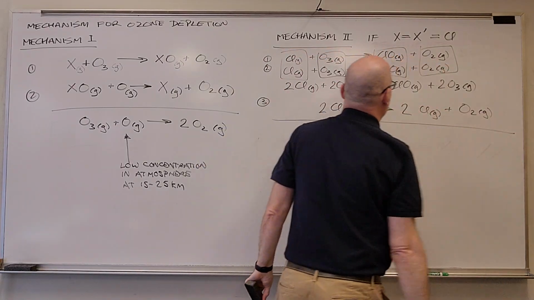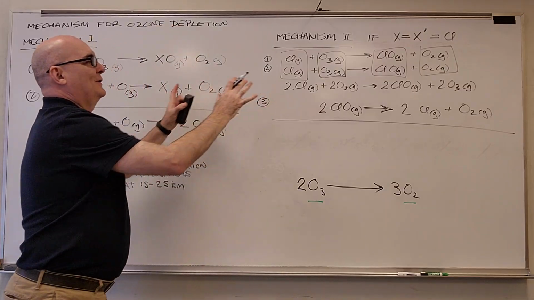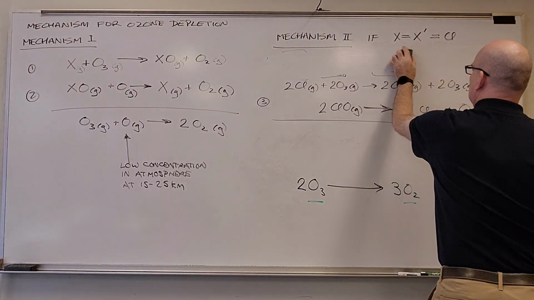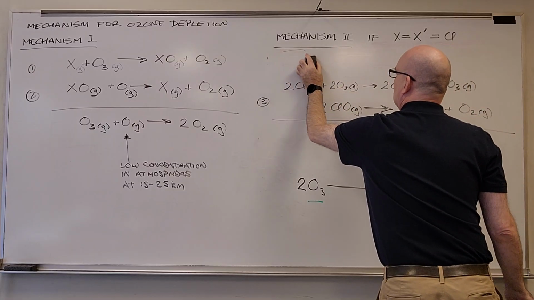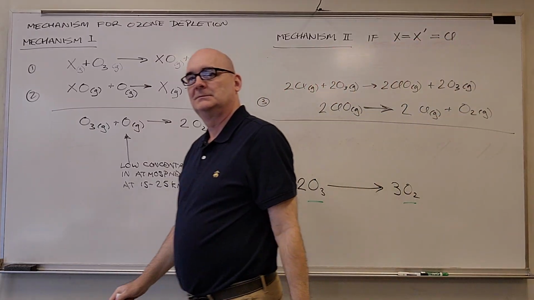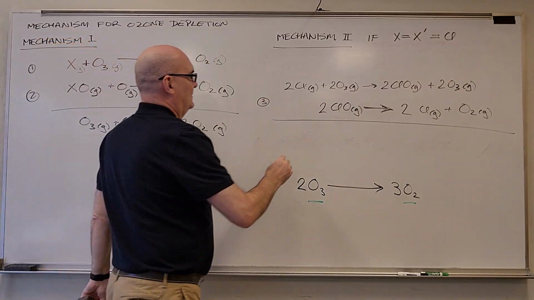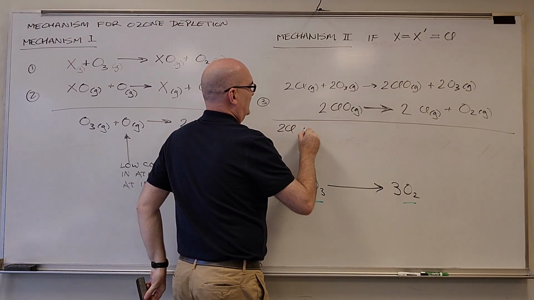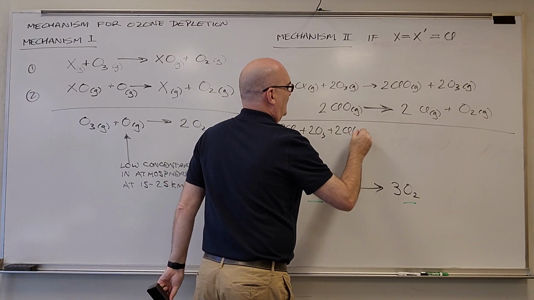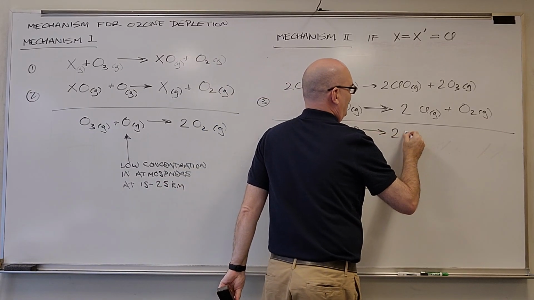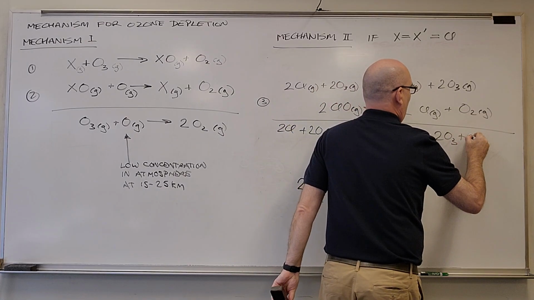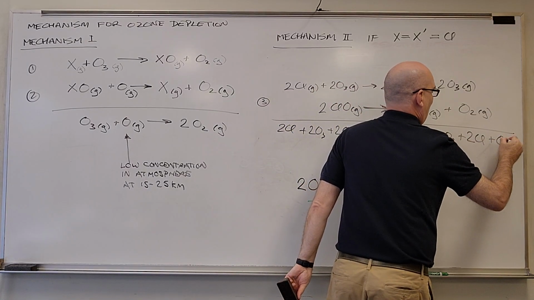Okay. Take everything that's on the left and add them together with everything that's on the right. I have 2 Cls and 2 O3s and 2 ClOs, making 2 ClOs and 2 O3s and 2 Cls and 2 O2s.